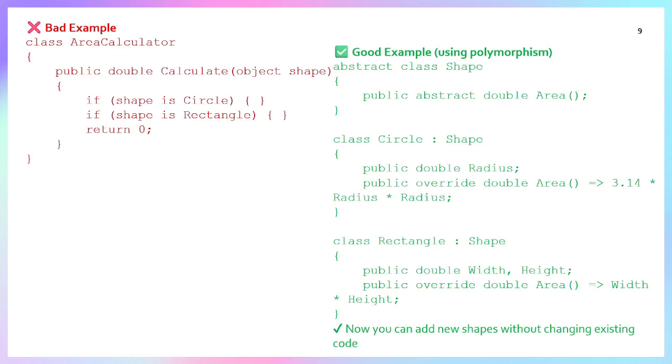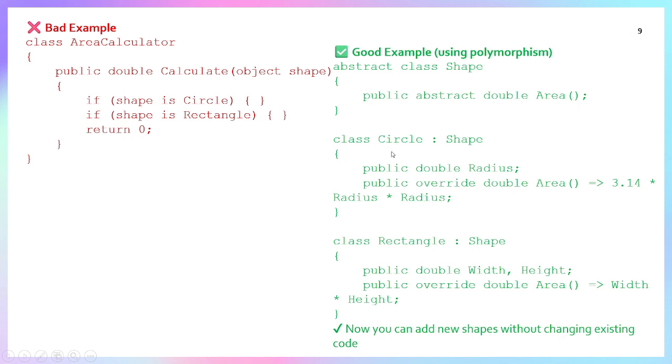This is open for extension and closed for modification. This is the O. You can see a class AreaCalculator: if shape is circle, if shape is rectangle, else return zero. This is not the good way. What we have to write is an abstract class Shape with a public abstract double Area.